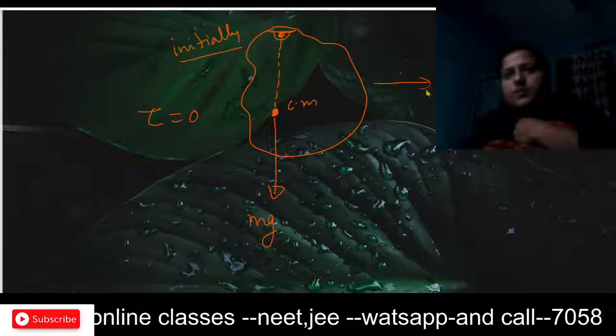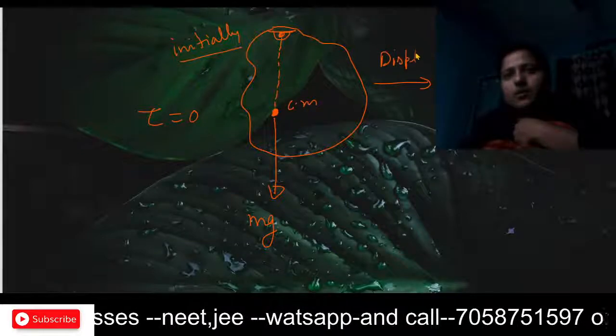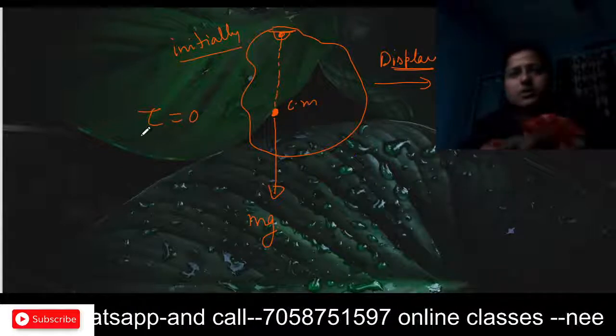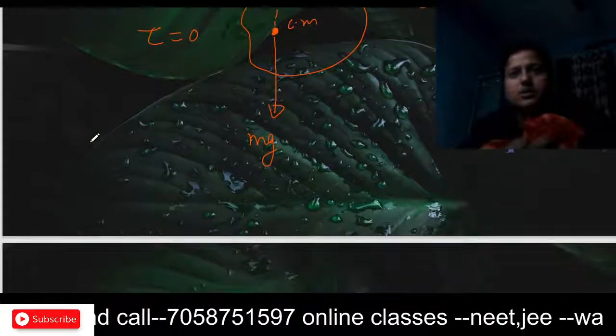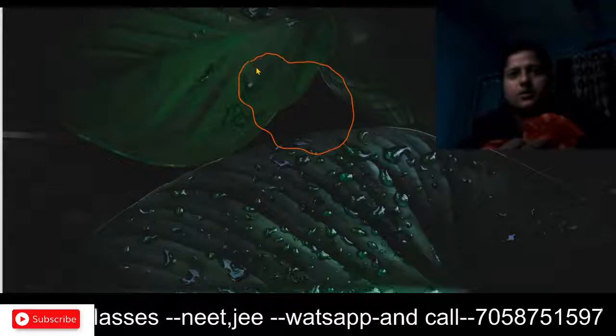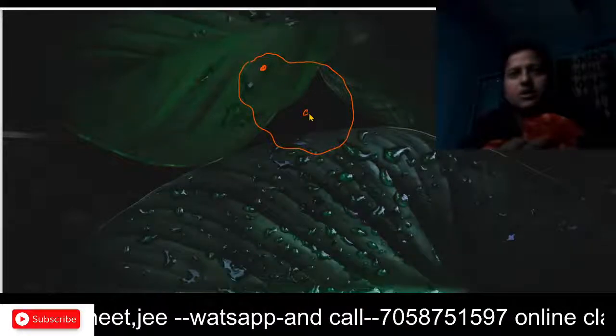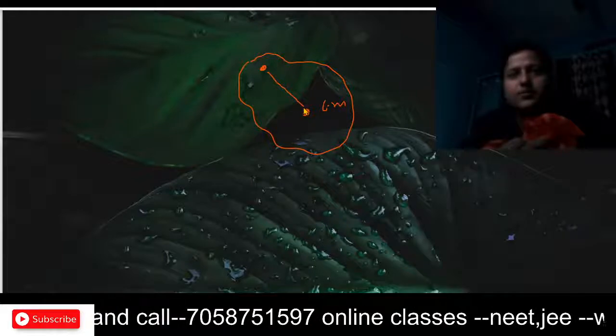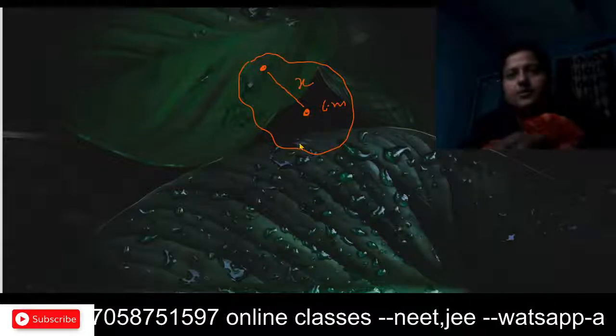Now displace this body by making some angle. So what will happen? This body goes like this. Hinge point is this. Now the center of mass is here. And suppose this distance is x.